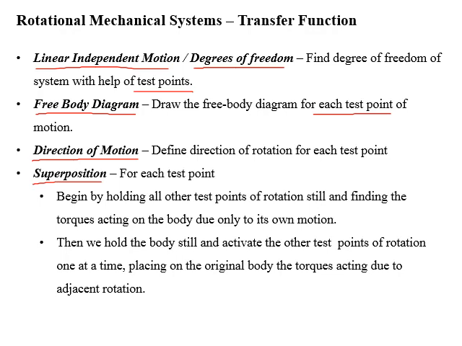For this, we will begin by holding all the test points of rotation still and will find out how many torques are acting on the body due to its own motion. Then we will hold the body and activate all other test points of rotation one at a time, placing on the original body all the torques acting due to adjacent rotation.